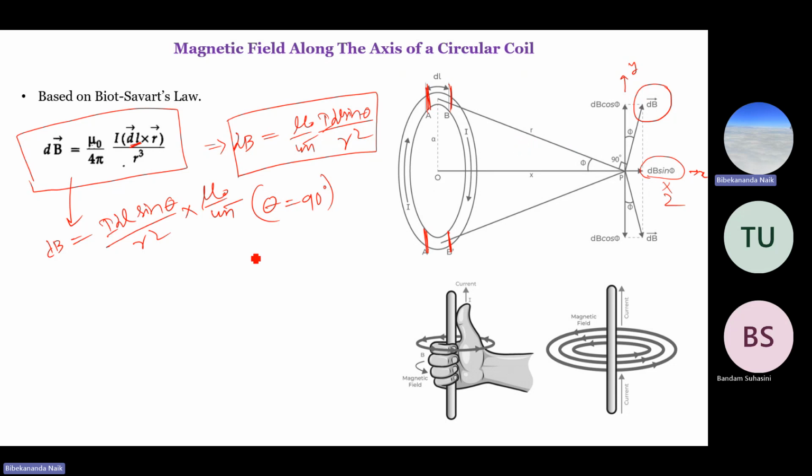So if you put this value, the magnetic field B will be the integration of dB sin phi. This dB is mu 0 by 4 pi I dl by the distance squared, and the distance squared is a square plus x square, times sin phi.